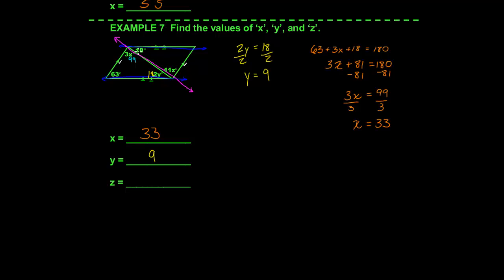We've got our alternate interior angles. Regardless, alternate exterior or interior, what do we know about those? They will be congruent. So we can set our 11z equal to this side, which is a 99. That will leave you with z is equal to 9 as well.